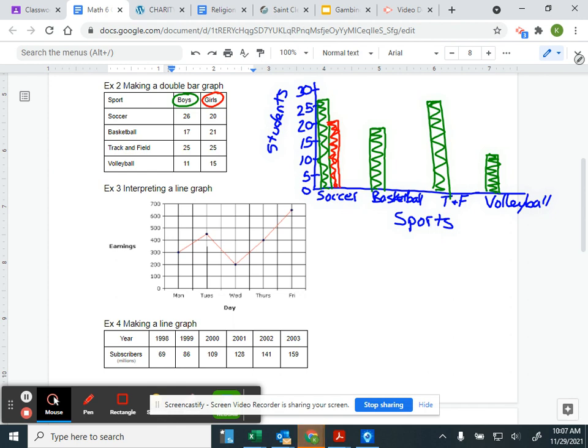Now I'm going to do the rest for the girls. There were 21 girls playing basketball. 25 for the track and field. And volleyball had 15.